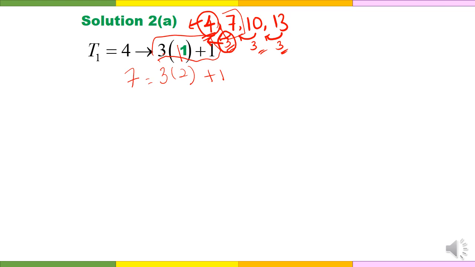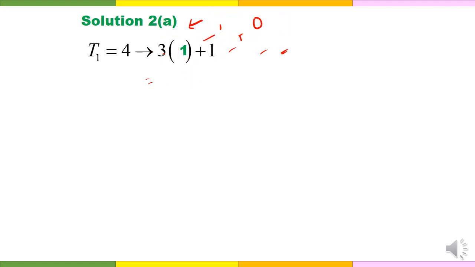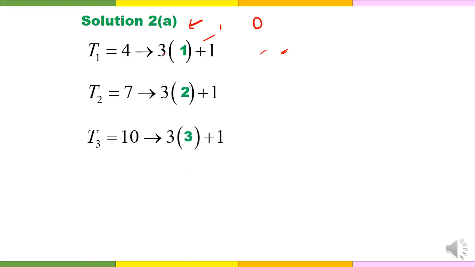So let's do the third term. 3 multiplied by 3 plus 1 will be 10. And then the fourth term, 3 multiplied by 4 is 12, and then plus 1 is 13. So every value here follows the number in the sequence.